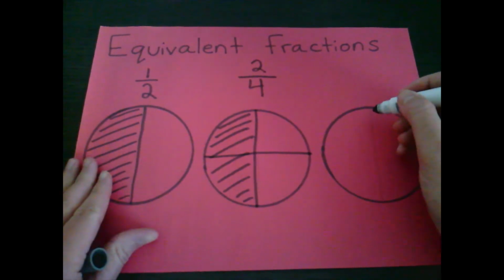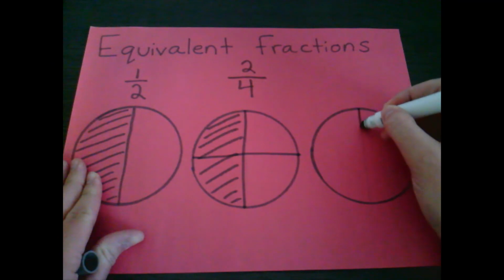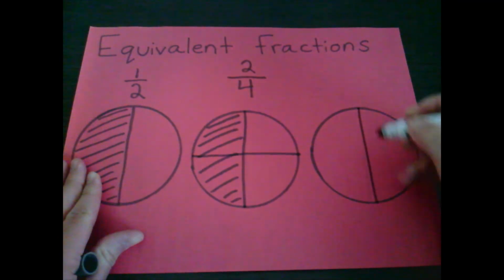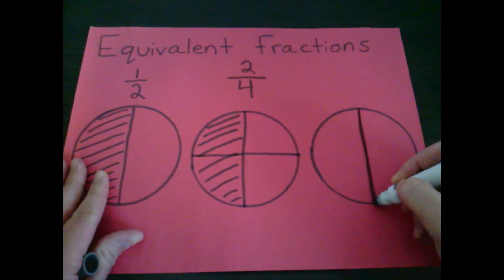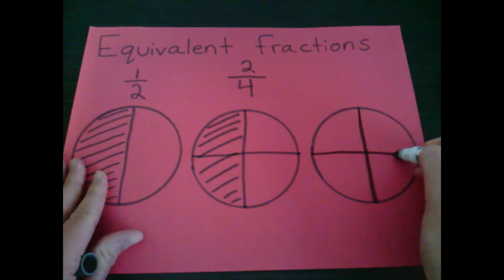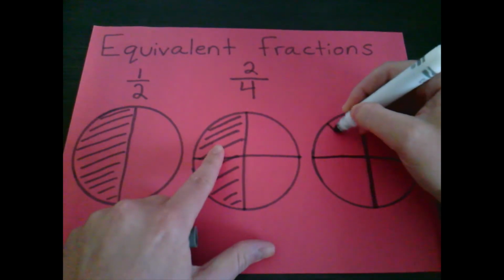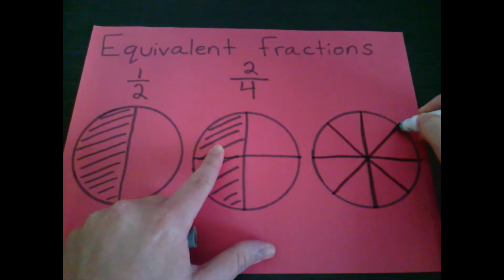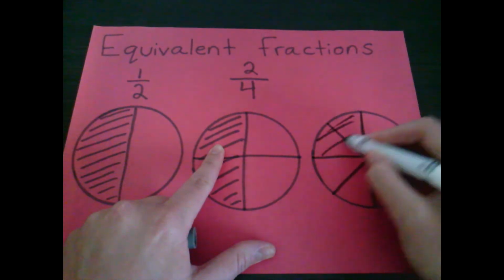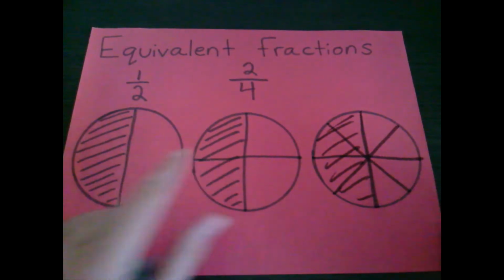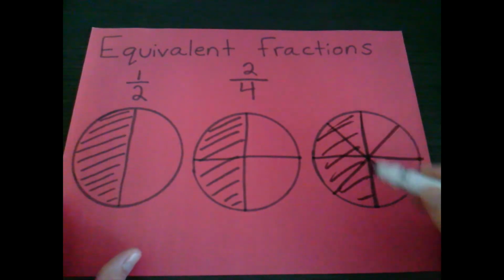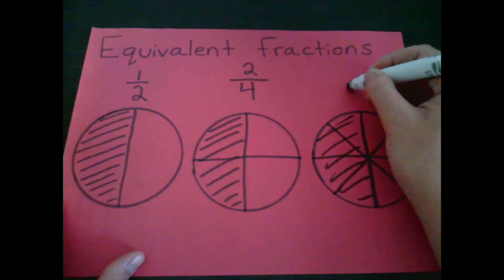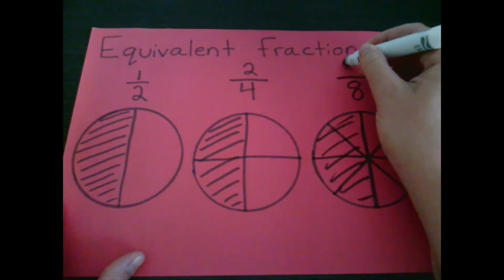Well, if we took it another step further, okay, there we go. And let's do it this way. And we shaded it. Now in total, we have 8 parts, but 4 are shaded.